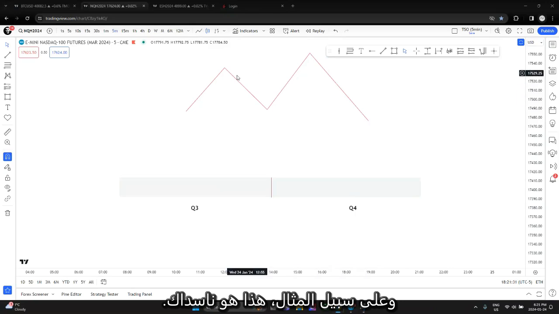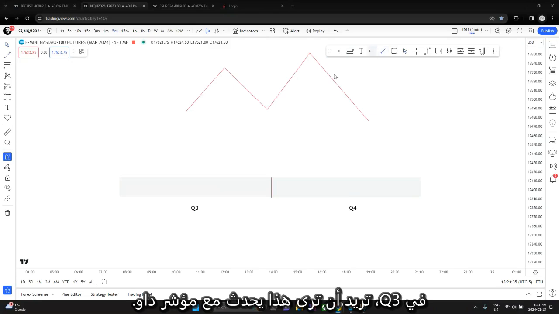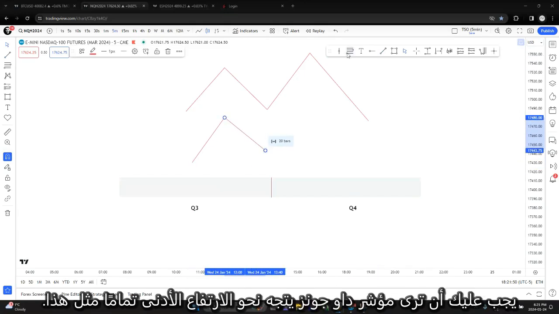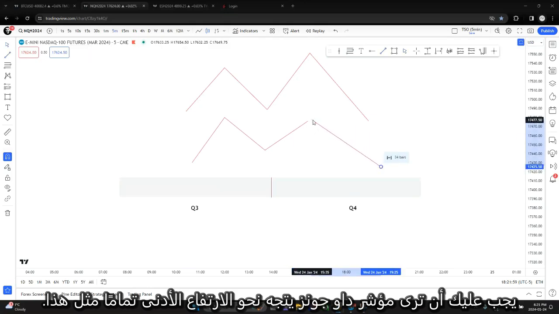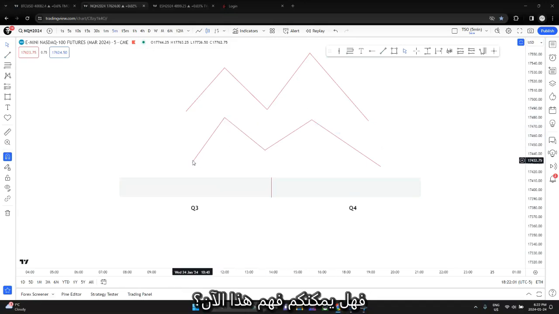So say, for example, this is NQ. During Q3, you want to see this happen with the Dow. You need to see the Dow make a lower high, just like this. So can you guys understand this now?